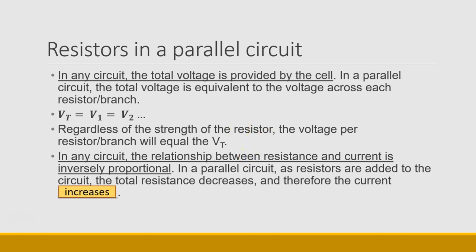Well, the current will go up. It will increase. In a series circuit, every time we add another resistor, the total resistance goes up, so the current goes down. But in a parallel circuit, every time we add a resistor in parallel, the total resistance goes down, and so the current goes up.